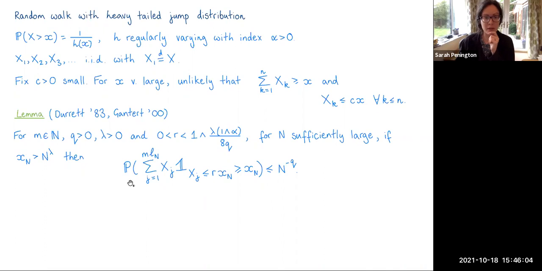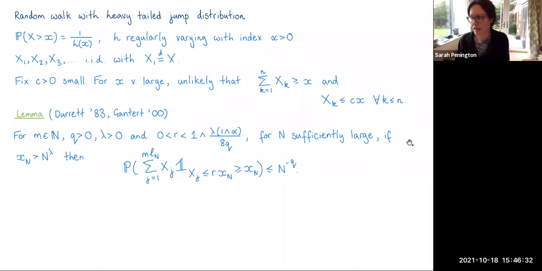In particular, the probability that the random walk moves a distance xn and all of the jumps are at most r times xn is very small. We can take q to be as large as we want, but by taking q large, we get more of a restriction on r, because r needs to be smaller.